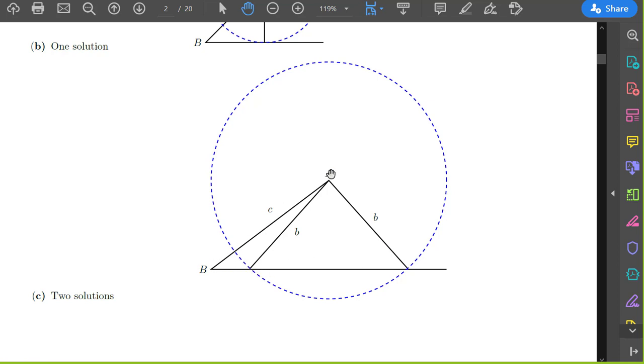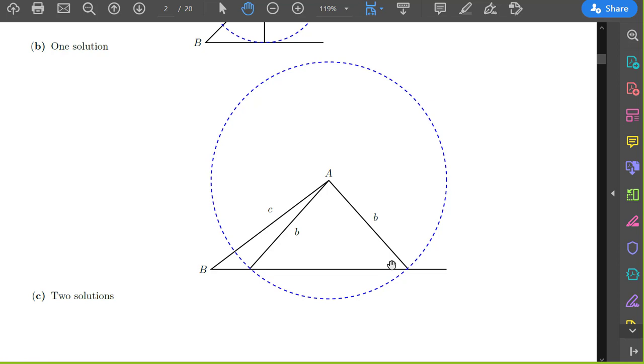It would have one triangle with an obtuse angle, and it would make one triangle over here with an acute angle. So when we have this side-side-angle case, we have those three possibilities because side B can change length, so side B could either be here or here, and then that would change angle C to match.